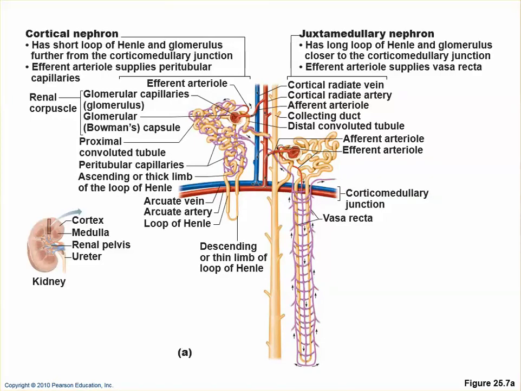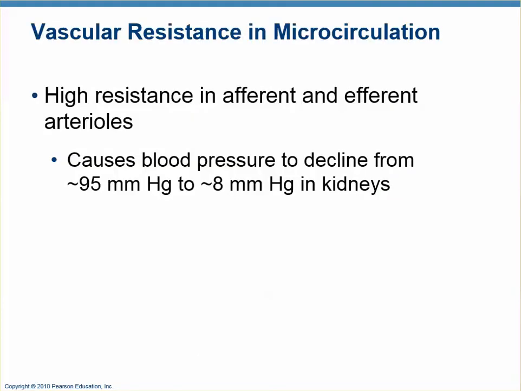Again, same picture. One of the things that happens because of all these capillary beds is that blood coming through the kidneys, because it's right off the aorta, has a mean arterial pressure of about 95.